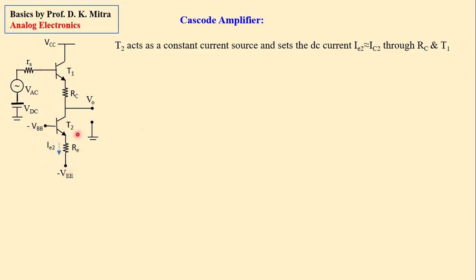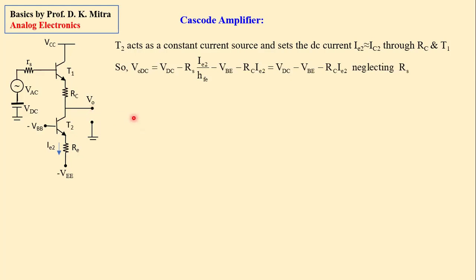So this acts as a constant current source. And the collector emitter circuit current of the transistor T1 is controlled by transistor T2, and output is taken from here. Now we shall see what is the DC output here.